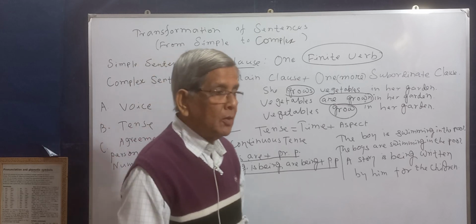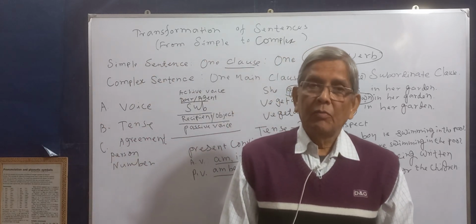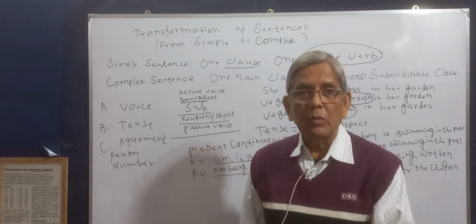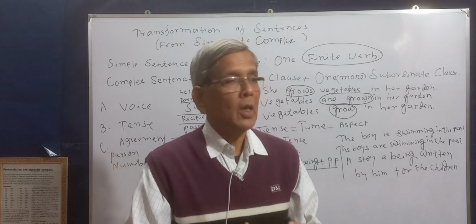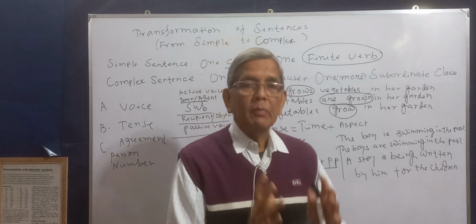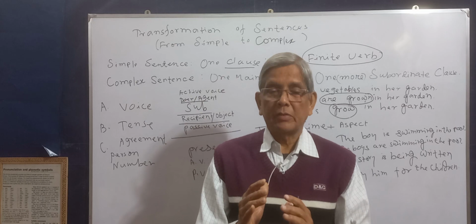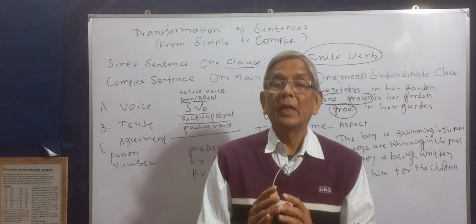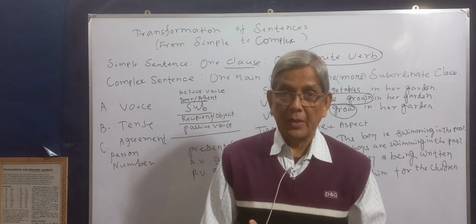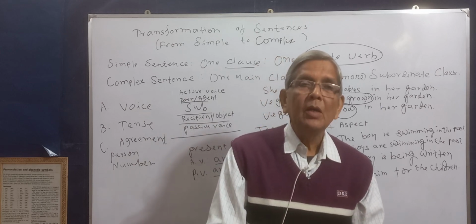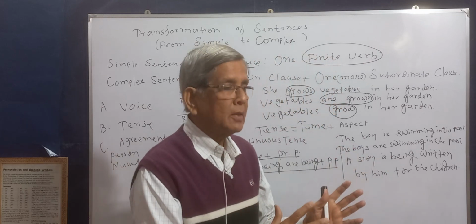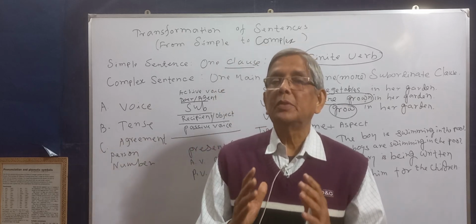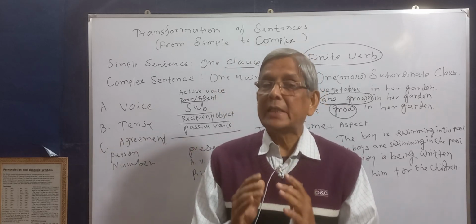And in the next video, I'll be explaining from what sources we can collect the verb for the new clause. As I told you, we cannot make a clause without a finite verb. So first we have to collect a verb from the sentence, because we cannot alter the meaning in any way, in any kind of transformation, whether from simple to complex or vice versa, from affirmative to negative, from compound to complex, etc. The original meaning must be unchanged, must be intact.